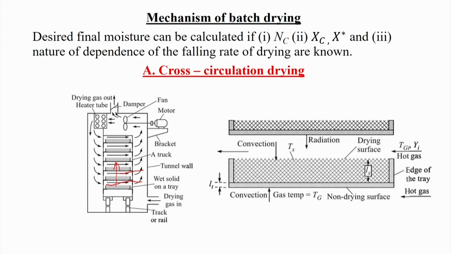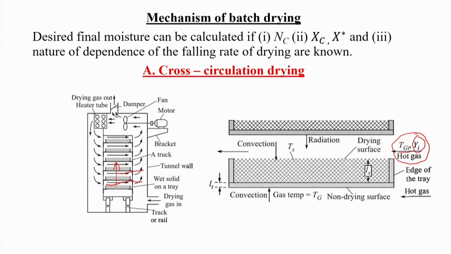Now, you see here, the condition is that for the hot gas, the temperature at the inlet point is T g I and the humidity is Y I, whenever the trays are placed.